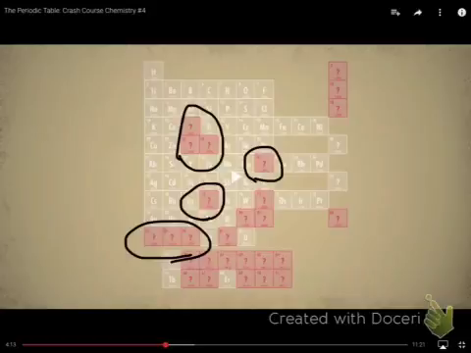Not only does it help OCD people like me with organization, and it makes a clear pattern of the elements, but he also had proof to back it up, and that makes it ridiculously awesome.